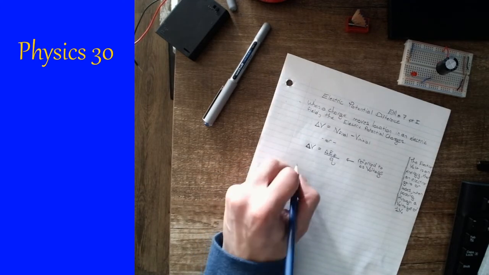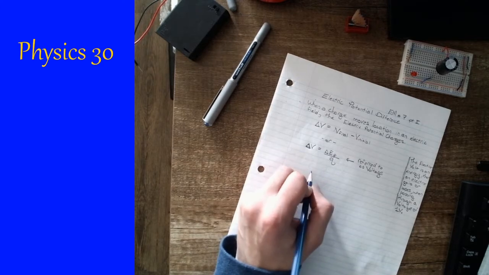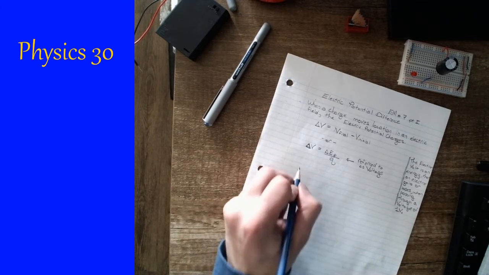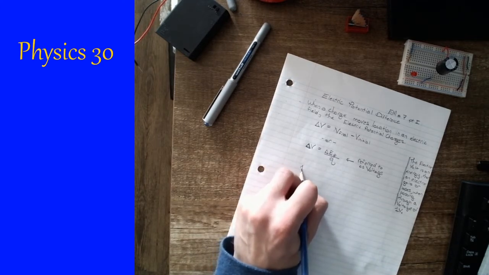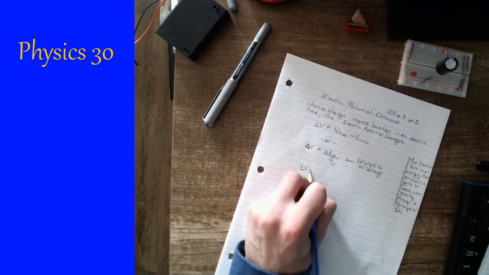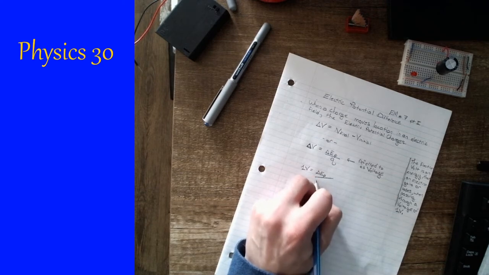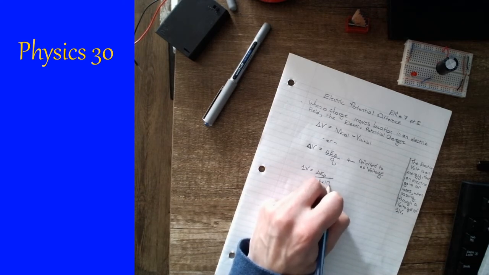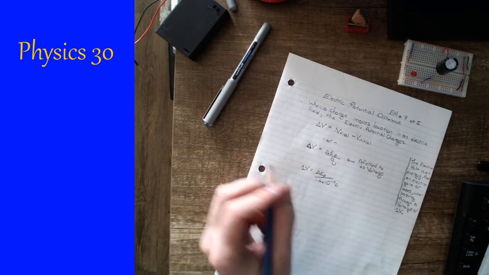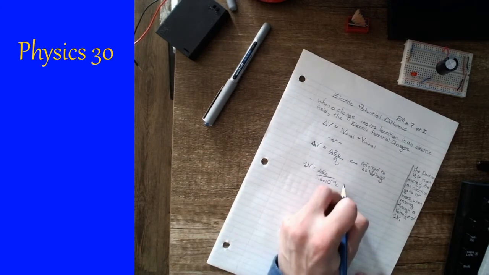So we can rearrange and solve for that energy. We have 1 volt is equal to delta EP over the charge of an electron, which is 1.6 times 10 to the negative 19 coulombs.